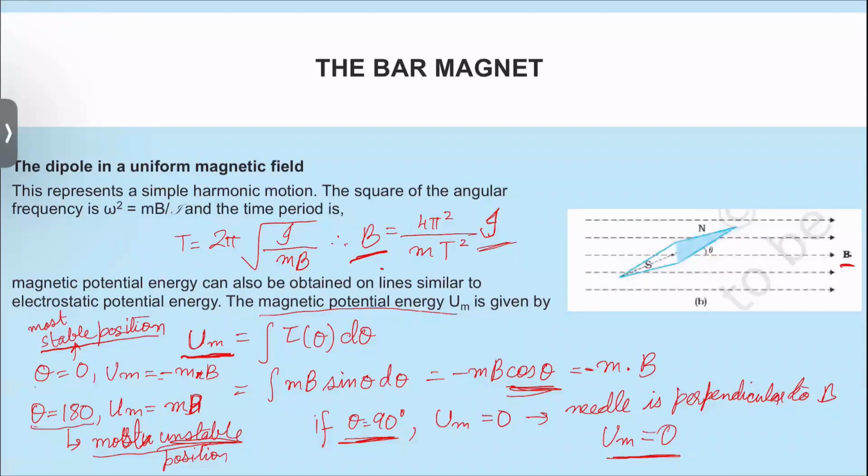And with the torque that is produced, we can also find the magnetic potential energy as the deflection of the needle keeps changing, at any angular relation between the magnetic moment of the needle and the uniform magnetic field.